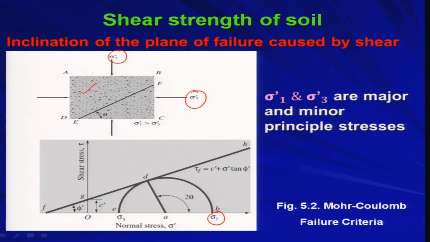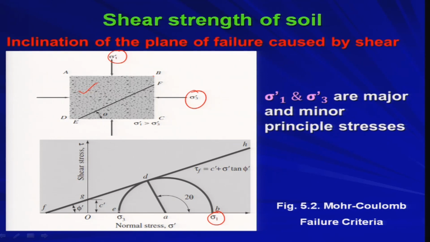Why is it a principal stress? This is the principal plane because on this plane there is no shear stress. Therefore, this plane has to be the principal plane, and so this sigma 1, that is point B, is shown here.